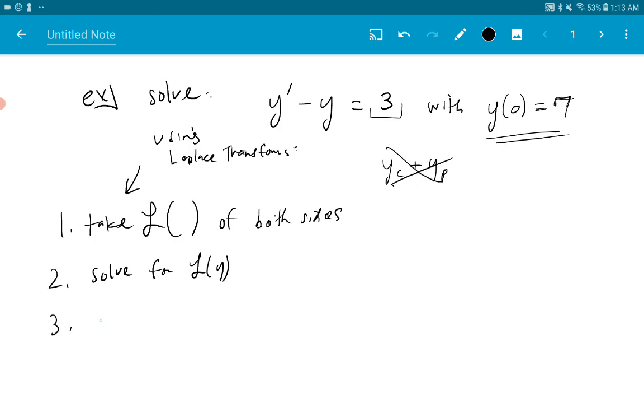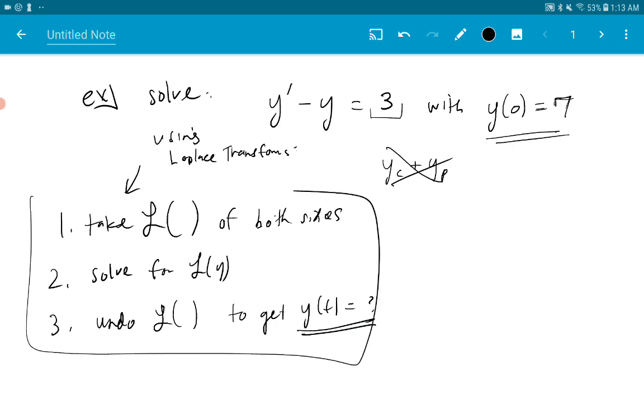And then the third step is undo the Laplace transform. We just had an example of that, by using the table in reverse and splitting things up to get y of t equals to something. That's our goal, to solve any differential equation. Find the function that solves it. Okay, so we're going to do those 3 steps.